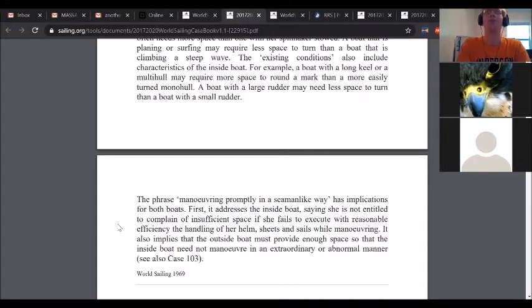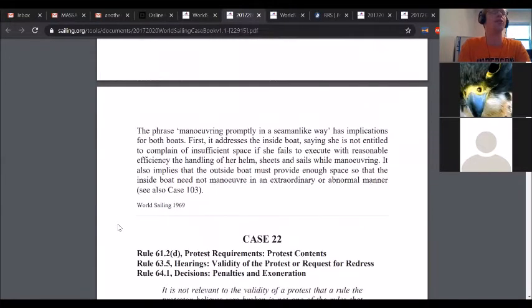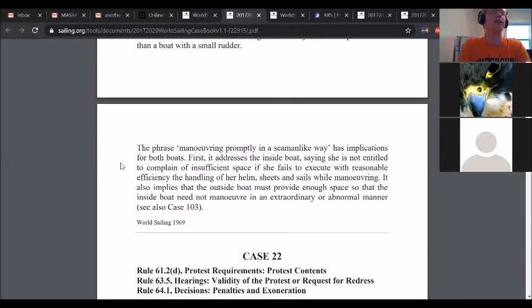It's to our benefit to find out what's the minimum we need, figuring out how much we do need and taking what is owed to us. But if we're not the right-of-way boat, we can't take more than the minimum. So if we know the minimum, then we also know when we have not been given the minimum.